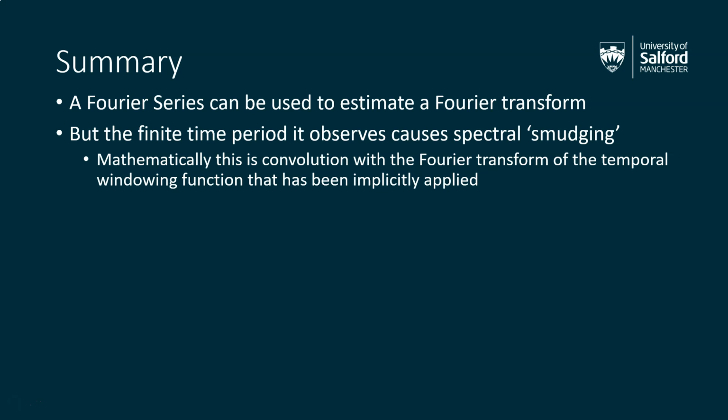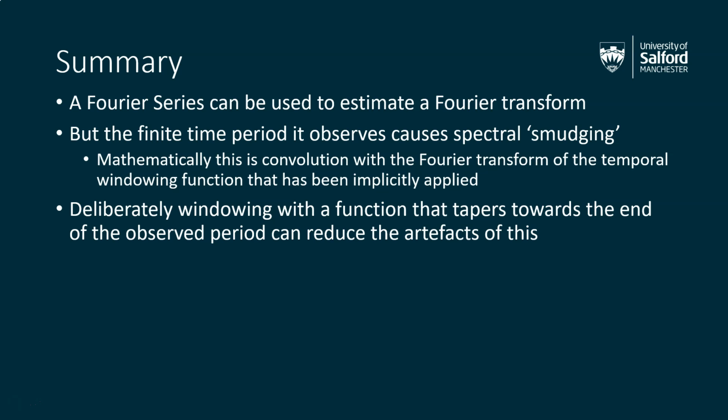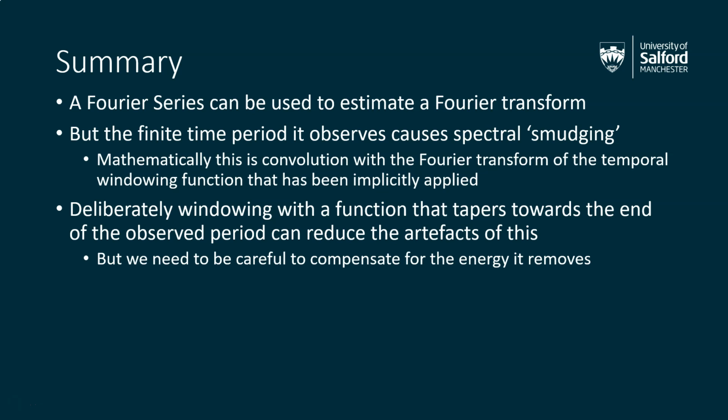So a rectangular window has been implicitly applied if you just use an FFT or a Fourier series instead of a Fourier transform. But deliberately windowing with a function that tapers towards the end of the observed period, such as a Hanning window, can reduce the artifacts of this. But we need to be careful to compensate for the energy it removes.